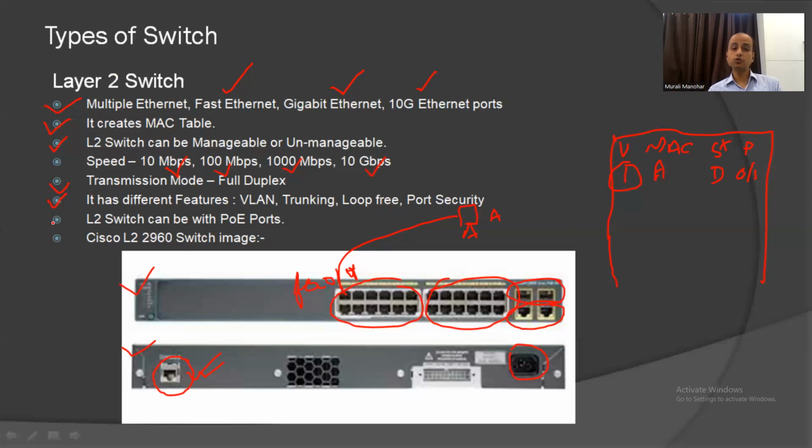Next point: layer 2 switches are also available with PoE. PoE means Power over Ethernet. Suppose you have to give power plus data transmission both through an Ethernet port; in that case, this Ethernet port should be used. Fine. These are a few points of the layer 2 switch. Further, we will do all these configurations and see some more features and facilities of the layer 2 switch.